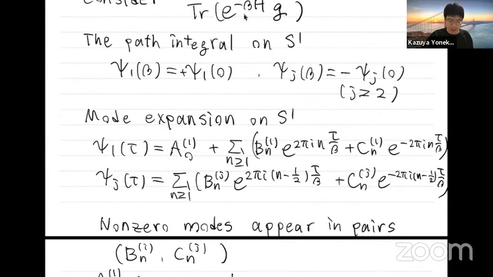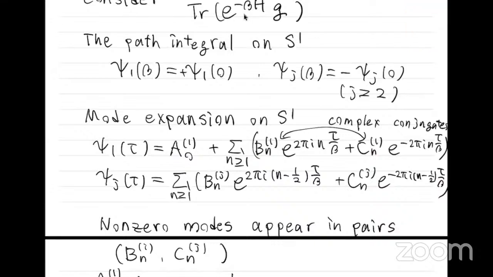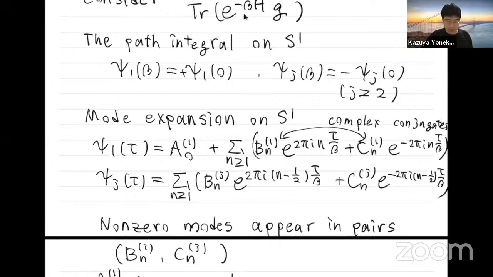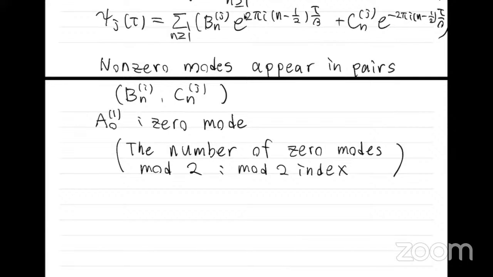So if we work in Lorentz signature, then these two are complex conjugates. Then we can just imagine taking the real part and imaginary part of them. Then we have two variables. Okay, thanks. Sorry for the interruption. No. Thank you for the question.